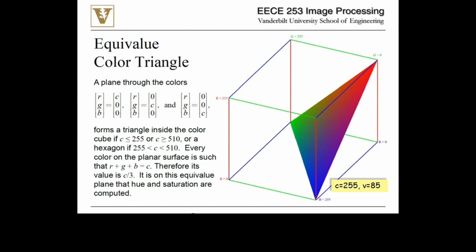For instance, if you put C equal to 255, you are cutting the axis exactly at the corner. That is a triangle. And that is why you don't see yellow, because that triangle doesn't contain yellow. Yellow is somewhere else. Yellow is here.